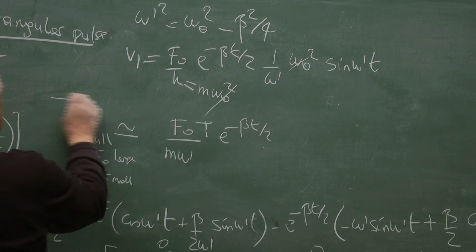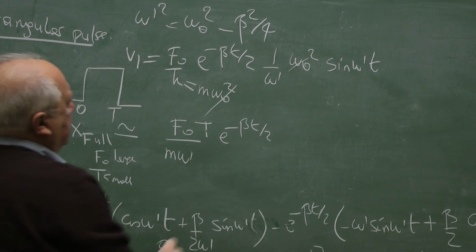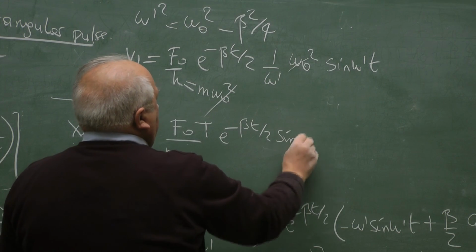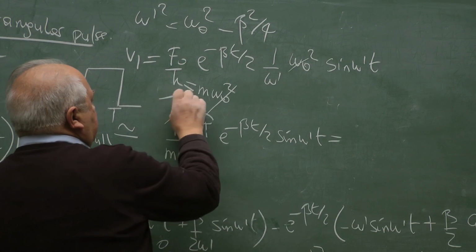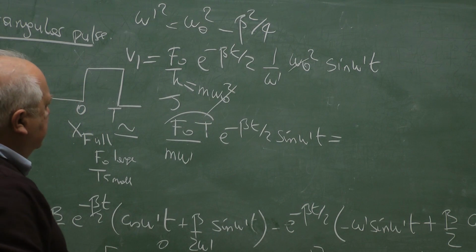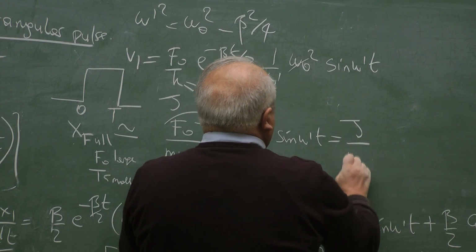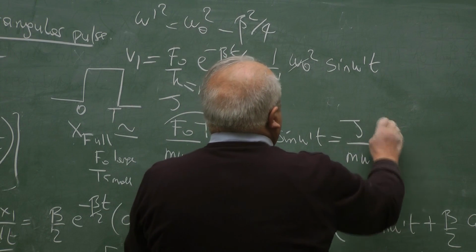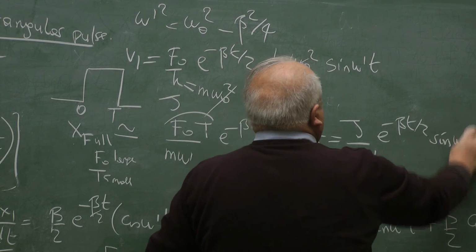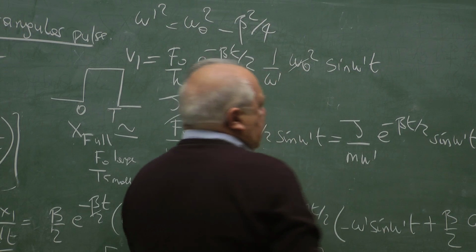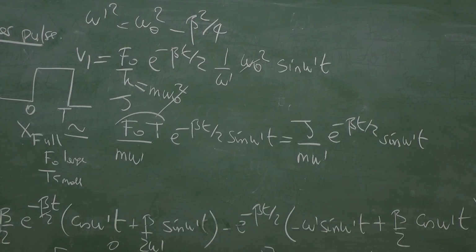This t0 is the pulse duration, times sine omega prime t. If we call f0 t0 J, the impulse provided by this sharp pulse, then it is J over m omega prime e to the minus beta t over 2 sine omega prime t, okay? Which is exactly the same result as the impulsive force result.